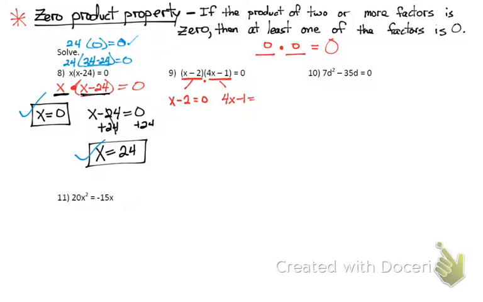And again, we have to figure out what x is, but we know that this binomial has to produce a 0, or both of them have to produce zeros to make the answer true. So for the first part, we add 2 to both sides, so x could be 2.